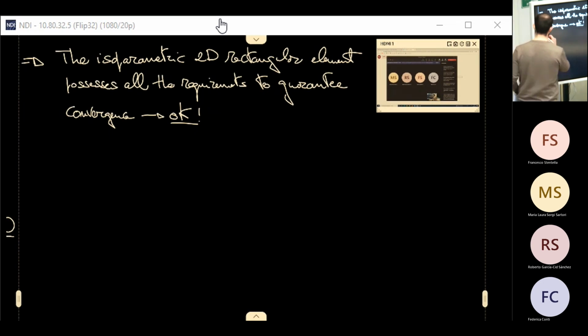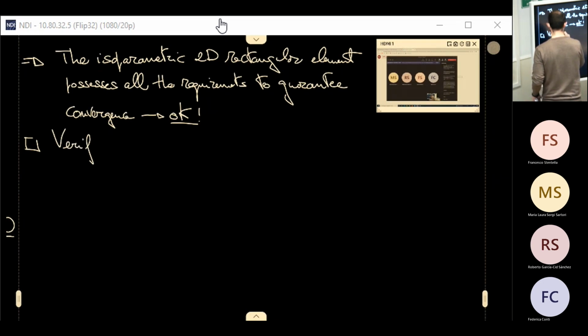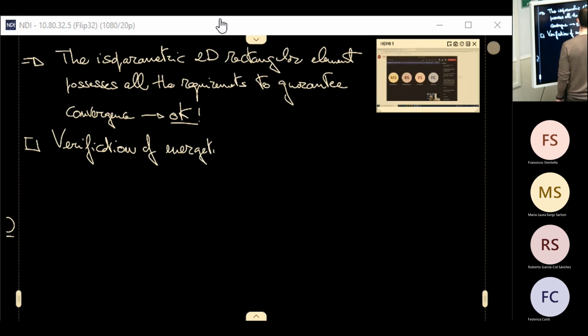Okay, now let's try to do the same thing for the beam element type. So we verify the energetic consistency, if you want.